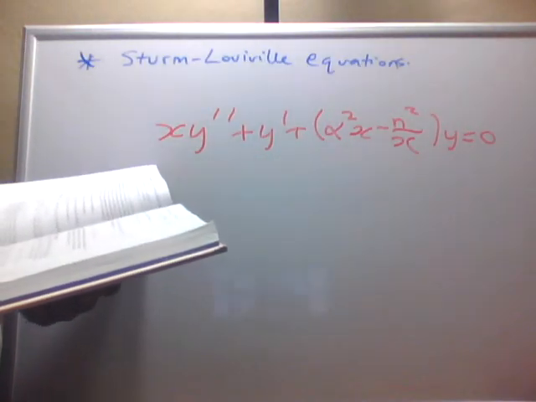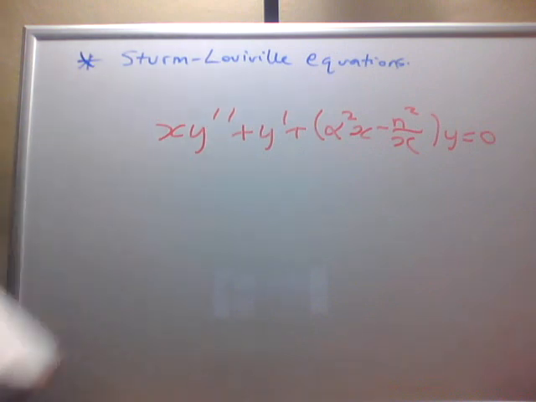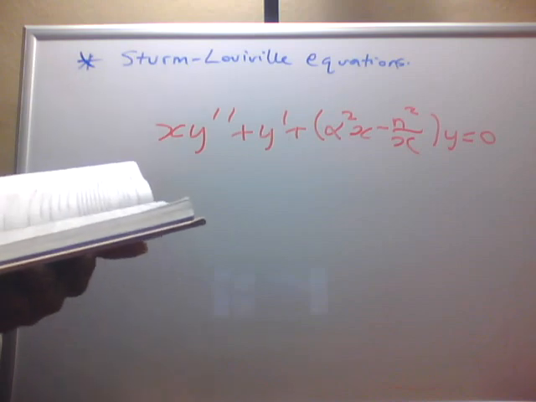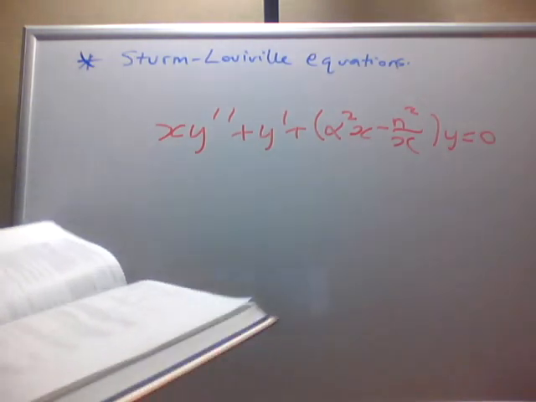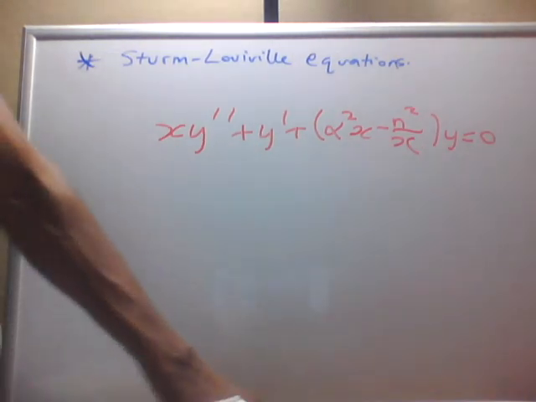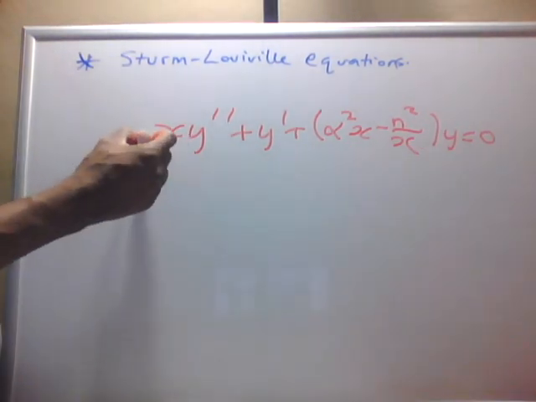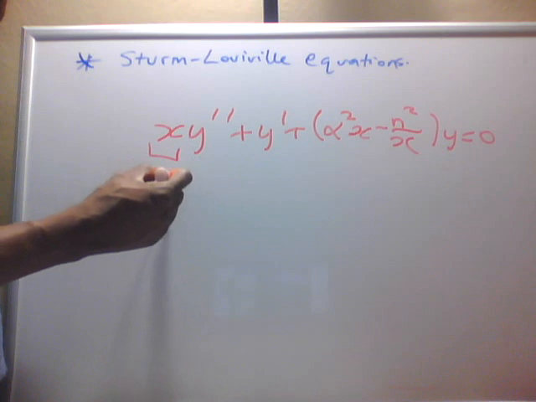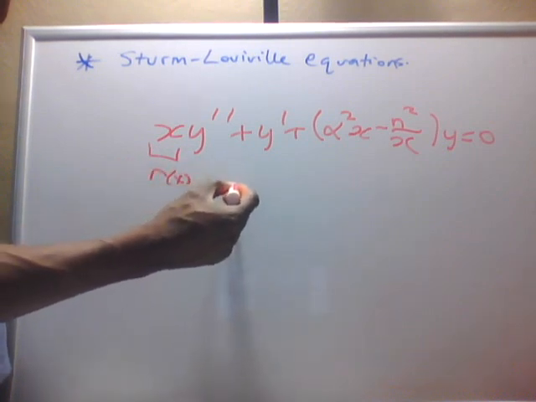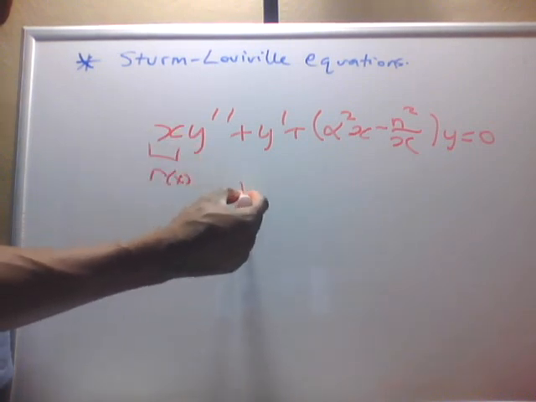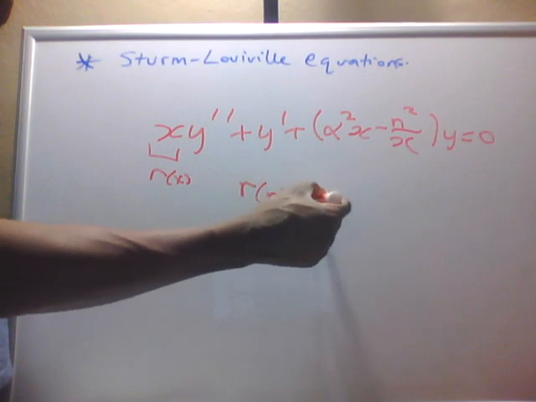Okay. So your book shows and they covered this really well. Remember what we're talking about with the natural intervals. This is my R. Clearly, if x equals 0, R of 0 is 0.